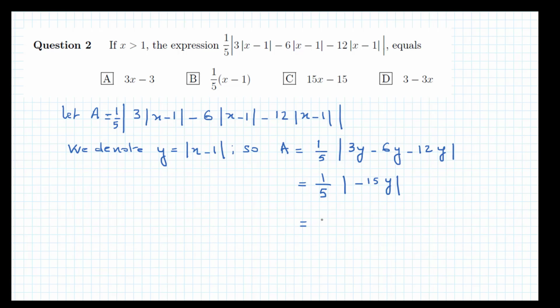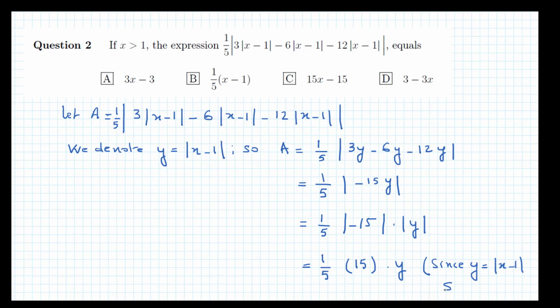So you know that the absolute value of A times B equals the absolute value of A times the absolute value of B, which gives 1 over 5 times the absolute value of minus 15 times the absolute value of y. So we know that the absolute value of minus 15 is 15. Also, the absolute value of y equals y, since y equals the absolute value of x minus 1, so it is already a positive number.